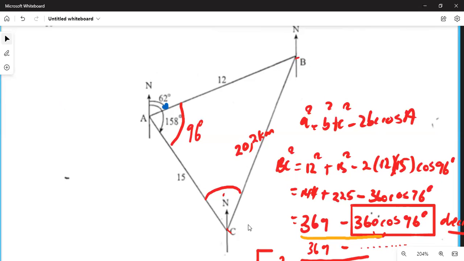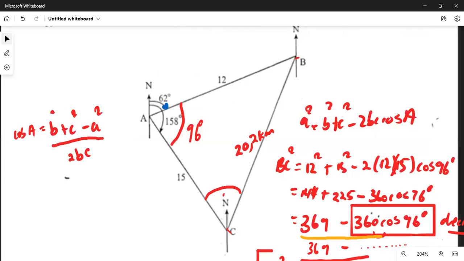So even the sine rule or the cosine rule; if we use the cosine rule, cos A is equal to B squared plus C squared minus A squared over 2BC. This time we want to calculate an angle, so that will be our formula there.